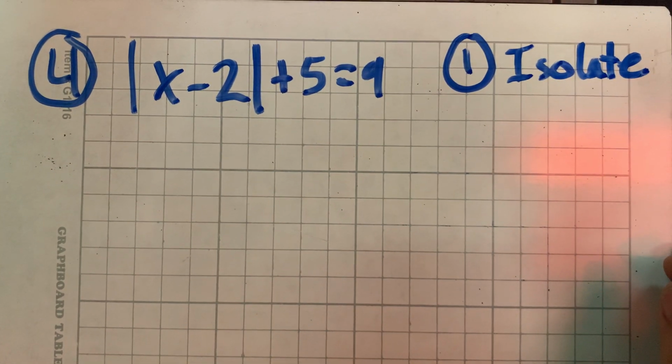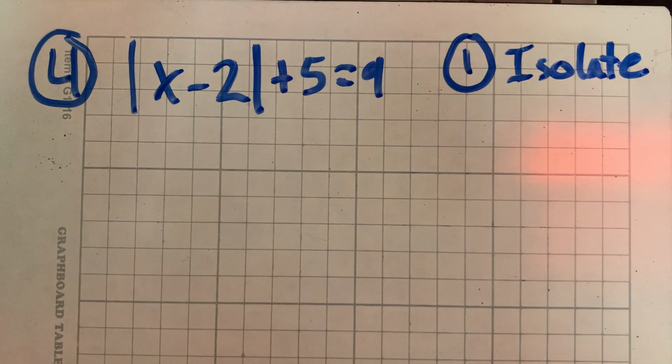Again, when we're talking about isolating an absolute value expression, what we are trying to do is to get the absolute value bars and whatever's inside the bars by itself, meaning that should be the only thing on that side of the equal sign.